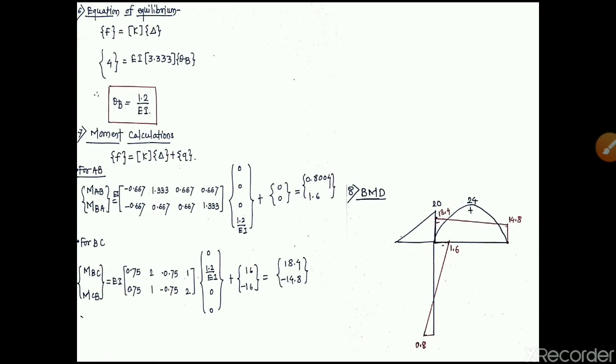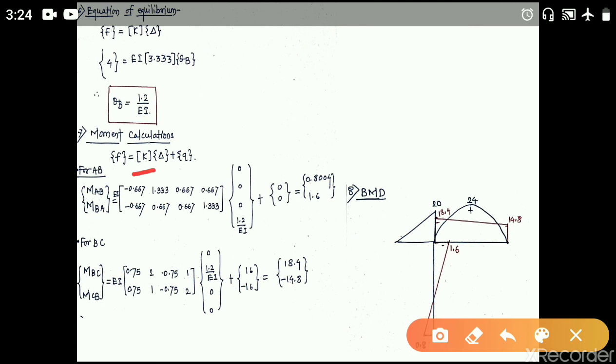Then apply the equation F is equal to K delta and get the unknown theta B, which is equal to 1.2 upon EI. To get the moments, if you want the reactions you can use the full 4 by 4 matrix for K, or if you want only the moments you can use only the moment rows, the second row and the fourth row of the K AB stiffness matrix.